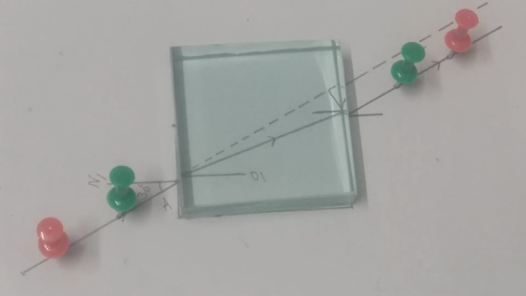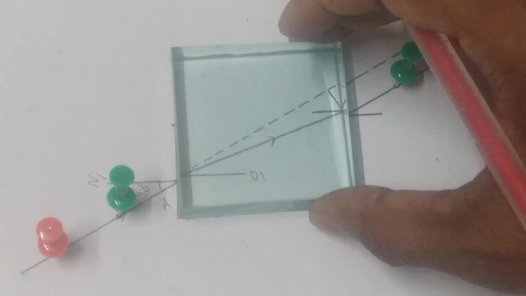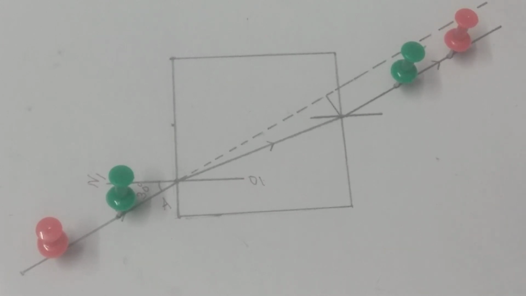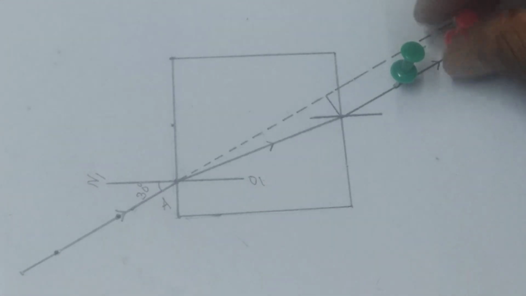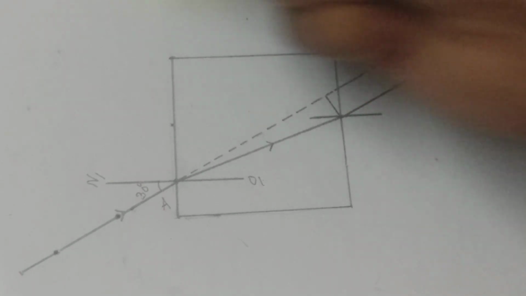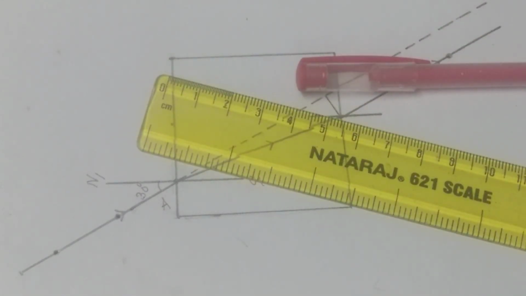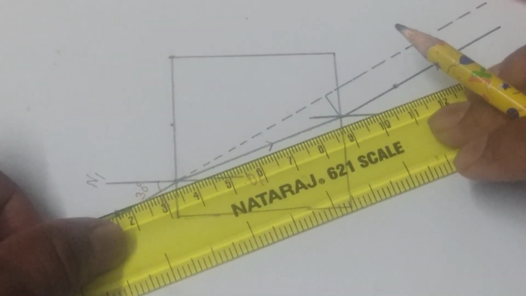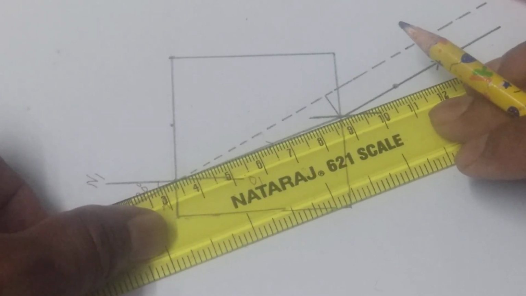Now if we remove this glass slab and also remove the pins, and if we join these points with the help of a pencil, I have shown you how we are getting this point and this point.